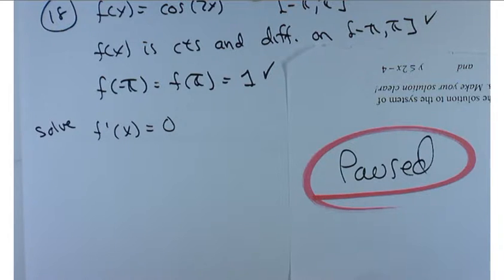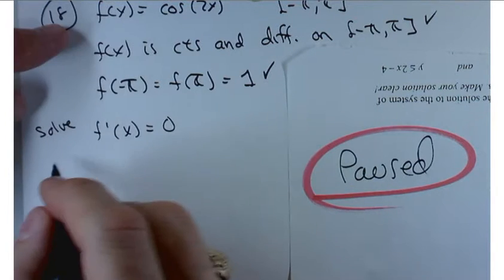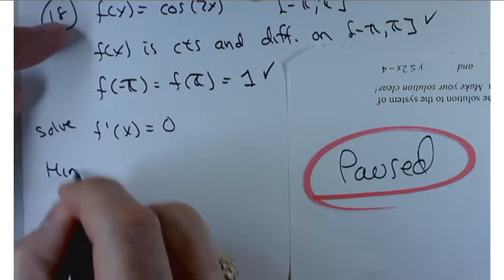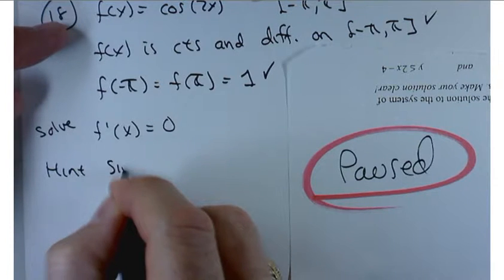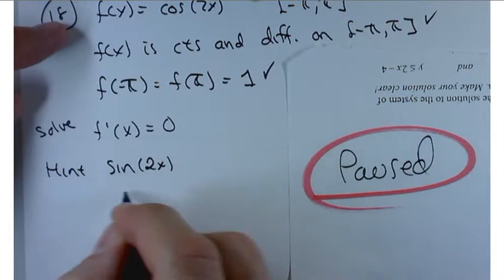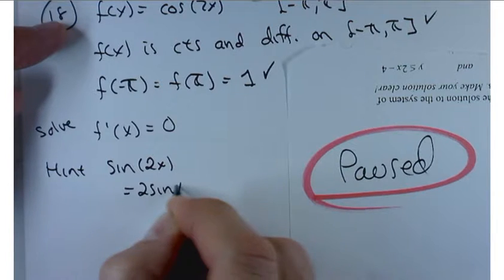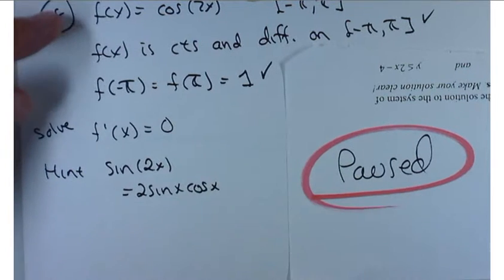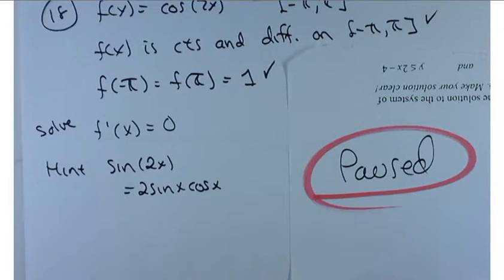Let me give you a hint or reminder. There's a couple ways to solve this. But one hint is that the sine of 2x is 2 times the sine of x times the cosine of x. So you might be able to use that in terms of solving for where the derivative is equal to 0.